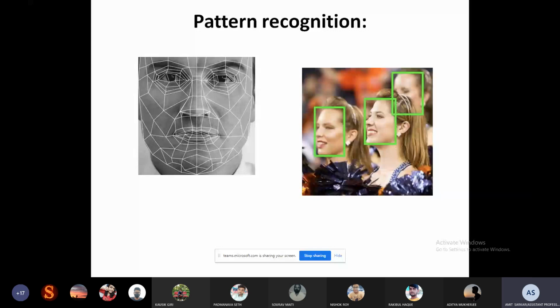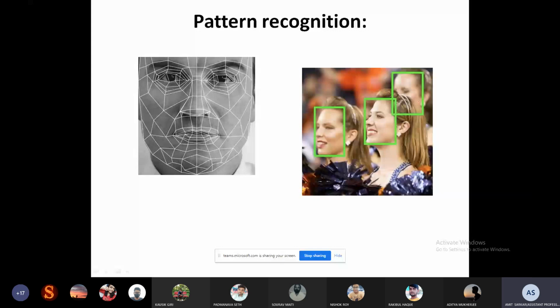More or less, this is the way. Different types of options have been given. That could be a long face, could be oval, squared, round, but these features will be there. That's been coded in this way. So you see in this picture, this software is getting the full profile of these two girls, but only getting a partial profile of this one. But still, it can recognize it's a human being.